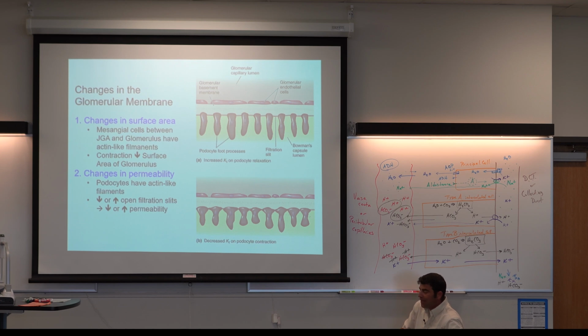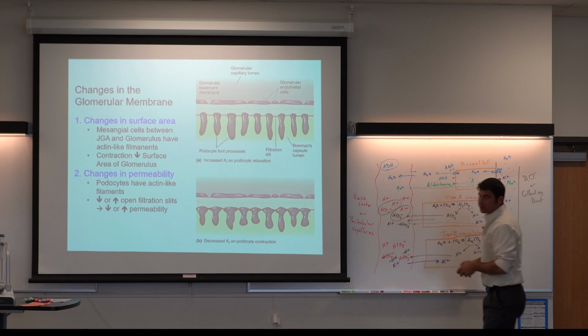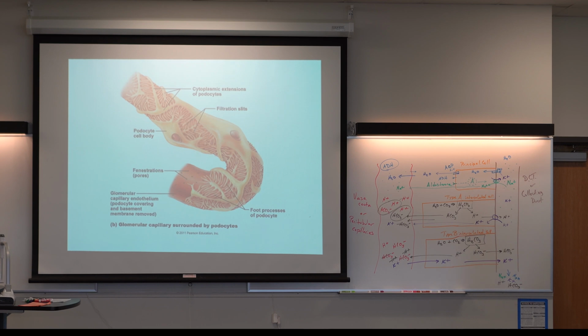So in their contracted state, they decrease filtration rates because they close off those little filtration slits. So once again, there is another way in which Bowman's capsule can help regulate filtration rates, by either relaxing or constricting the feet processes of the podocytes.